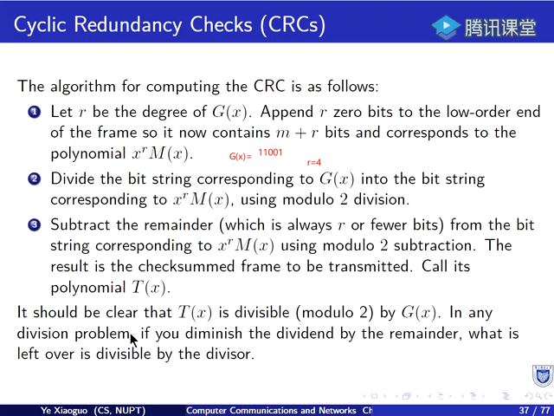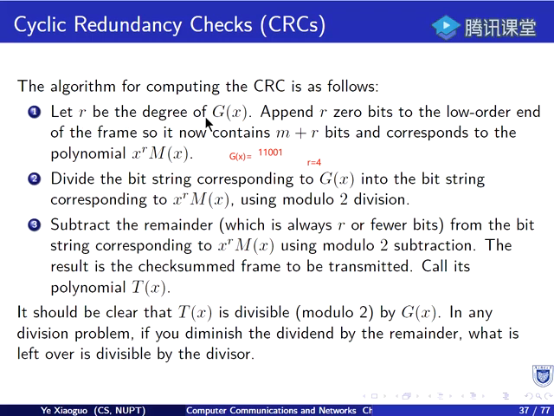Then it should be clear that T(x) is divisible by G(x). In fact, in any division problem, if you diminish the dividend by the remainder, what is left over is divisible by the divisor, right? So that is the principle of CRC.